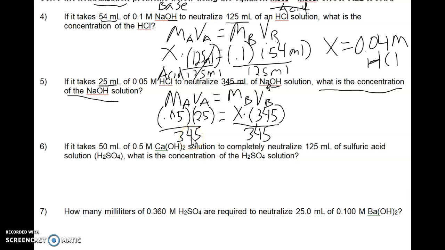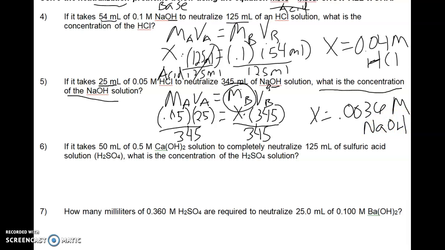And so we get an X equal to 0.0036, and we can keep 2 sig figs. I know you all love sig figs. 0.0036, we know this is molarity because that is what we were solving for, the molarity of the base. So it's molarity of sodium hydroxide.